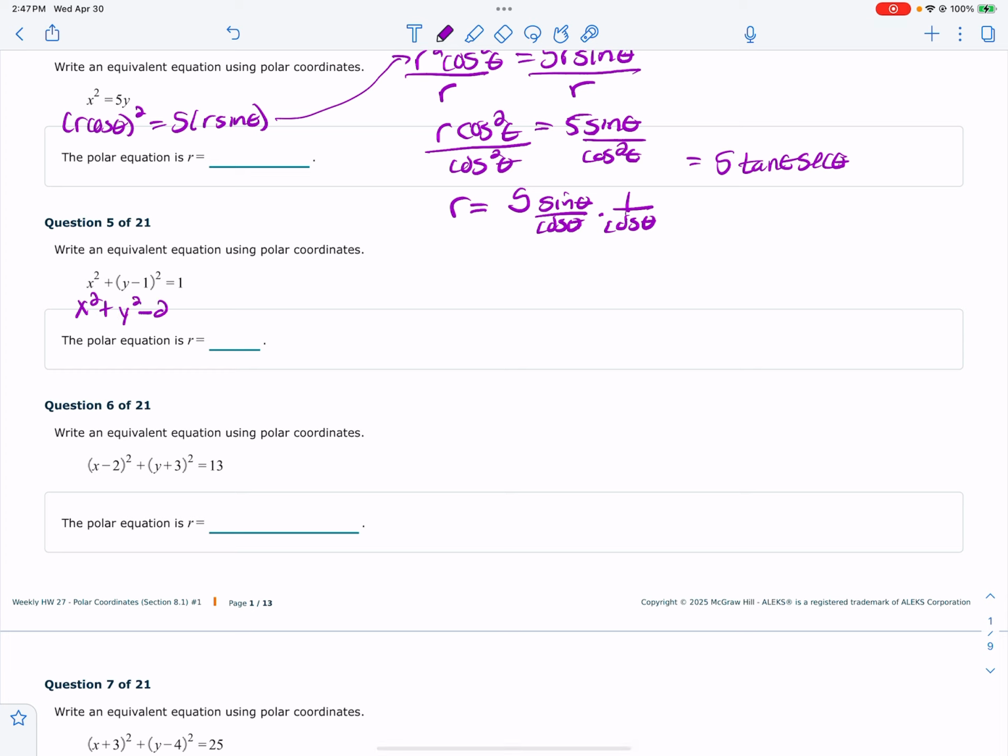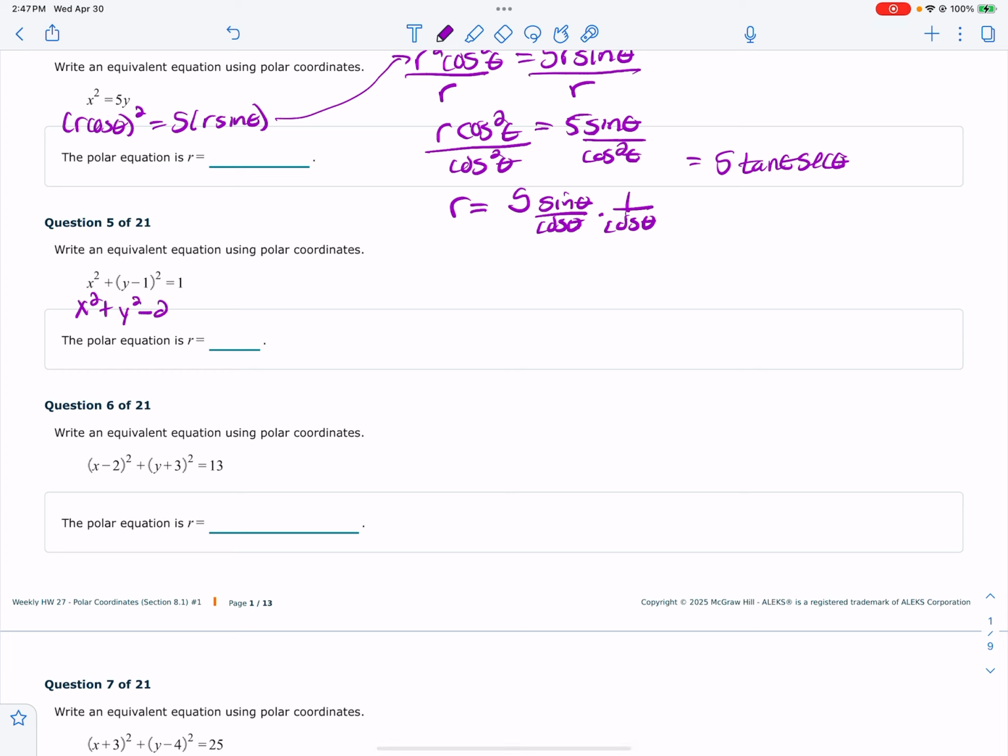So our only choice here would be to write this as r cosine theta minus 2 squared plus r sine theta plus 3 squared equals 13. And then we'd have to FOIL these. What would eventually happen is we'd get a sine squared plus a cosine squared. I'm going to go ahead and finish it that way.